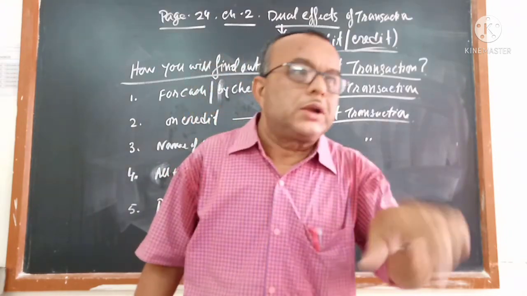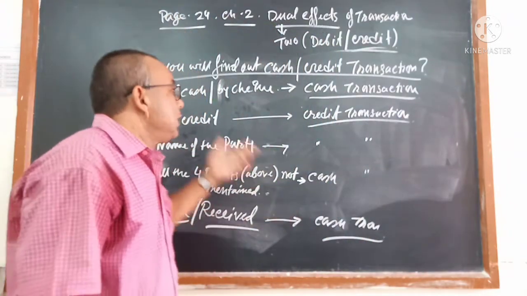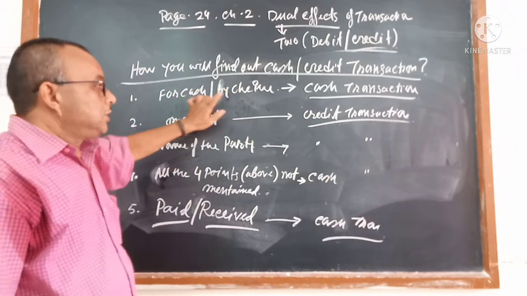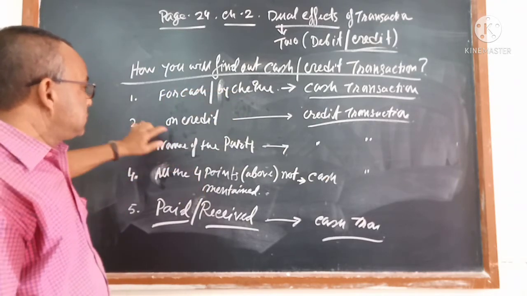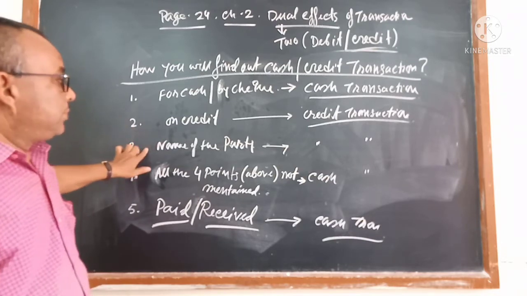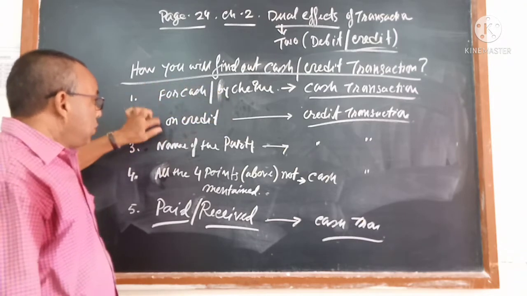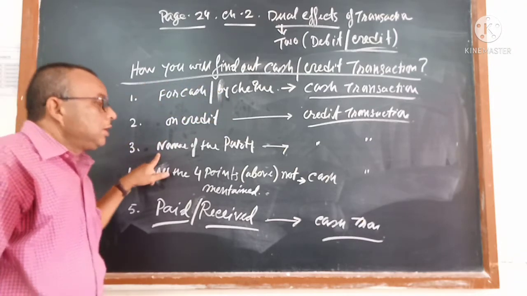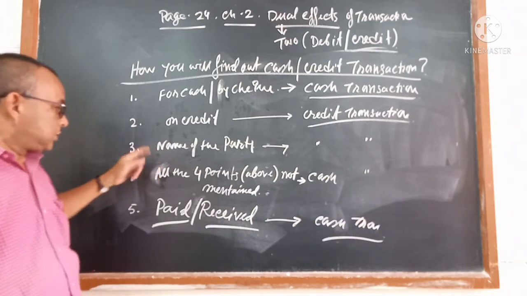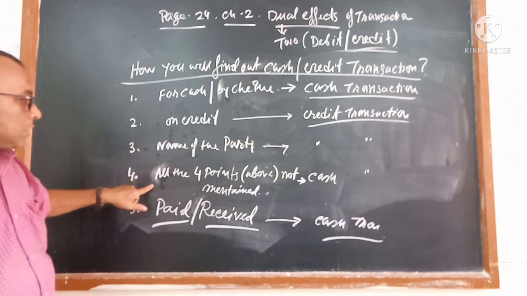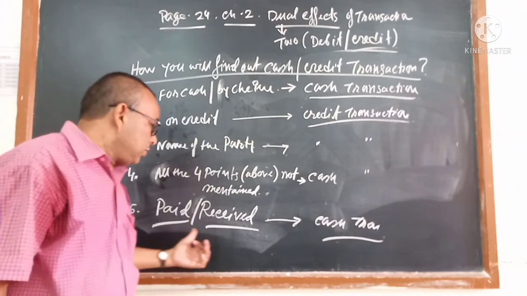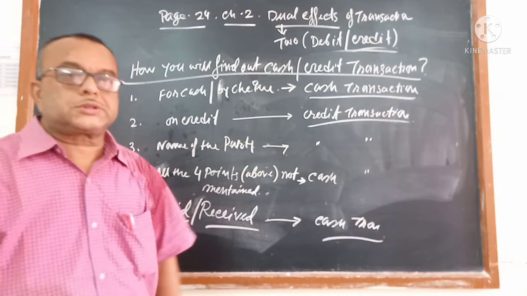Out of that, anywhere if the word for cash or by check is mentioned, then that will be a cash transaction. If on credit is mentioned, it will be a credit transaction. If for cash, by check, on credit is not there, only the name of the party is given, then it is also considered a credit transaction. If nothing is given, then it is considered a cash transaction, and at last if it is given paid or received, then also it is a cash transaction.